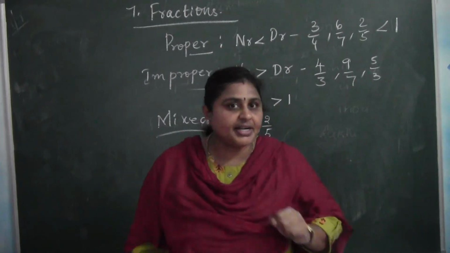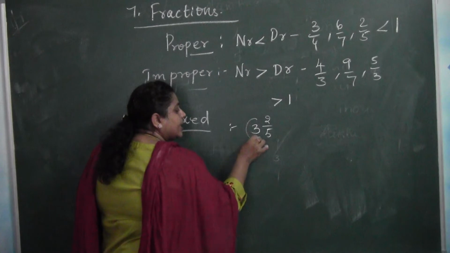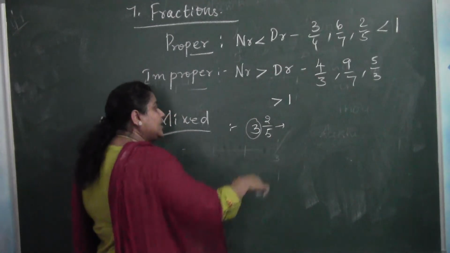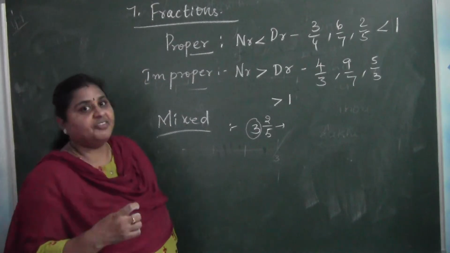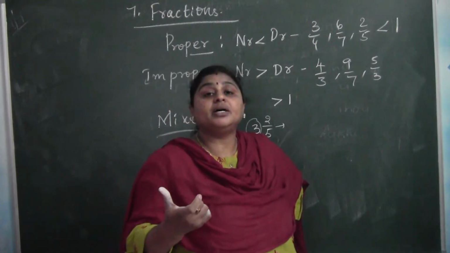Why? I will tell you. Now, see, a mixed fraction is nothing but a whole number and a proper fraction. Together we call it a mixed fraction. Why can a mixed fraction not have an improper fraction?